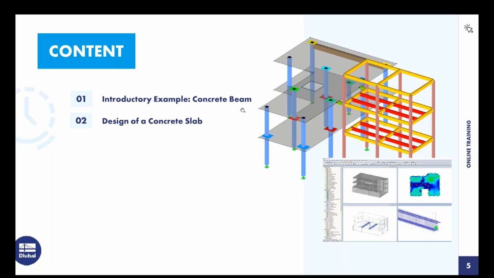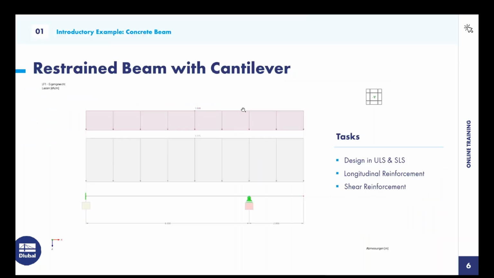That's our model for the concrete beam. It's a restrained beam with a cantilever, and you see the fixed support. I will show you the design in ULS and SLS, and we will see especially the longitudinal reinforcement and the shear reinforcement.